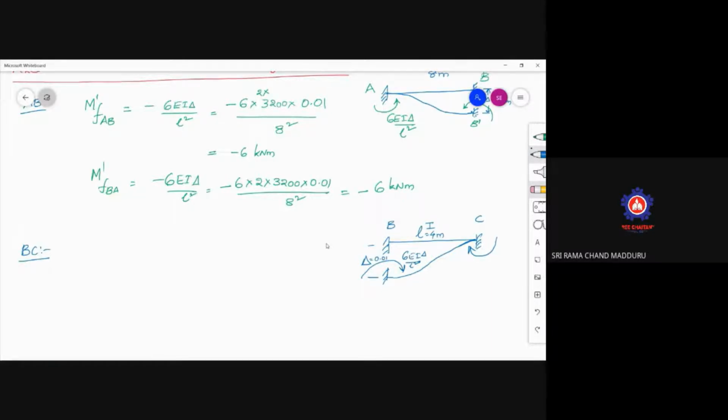And if you write down the fixed end moments, M dash FBC is plus 6 EI delta by L square, plus 6 into 3,200 into 0.01 by 4 square, which is 12 kilonewton meter.